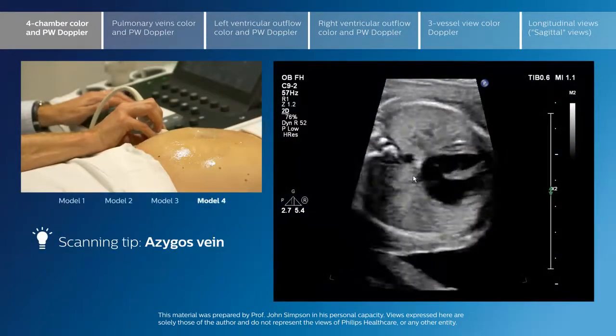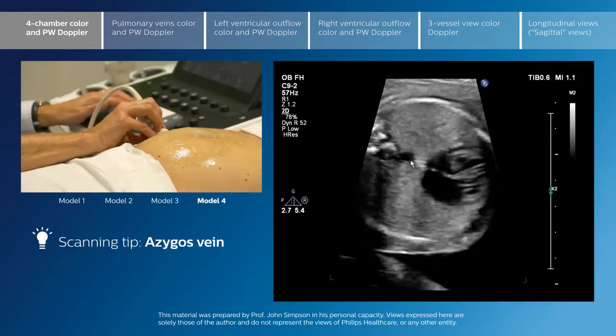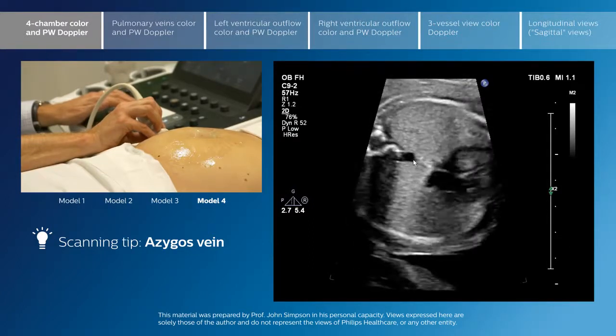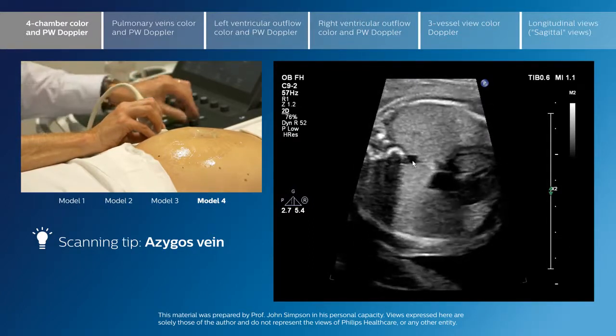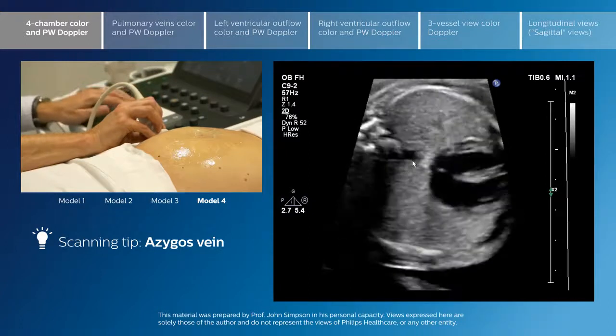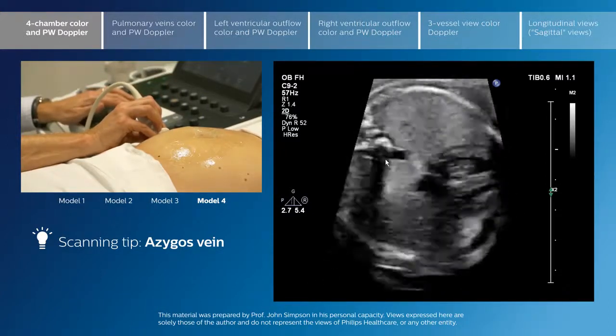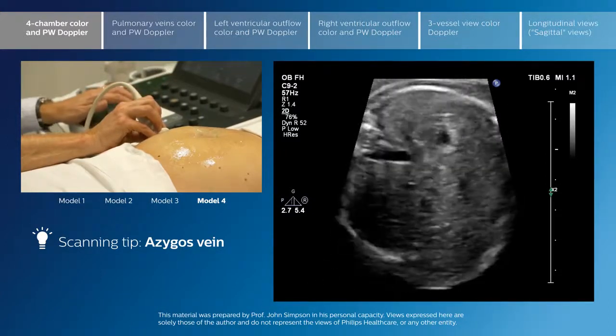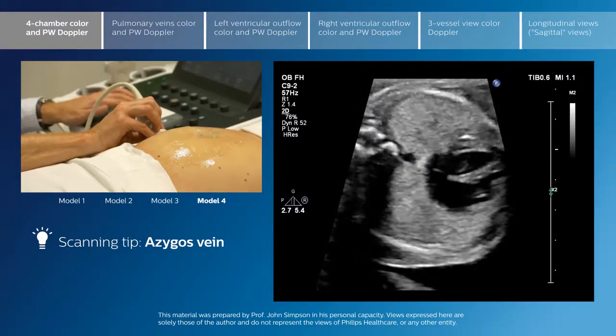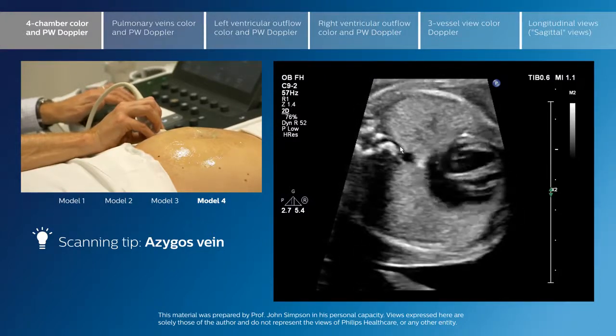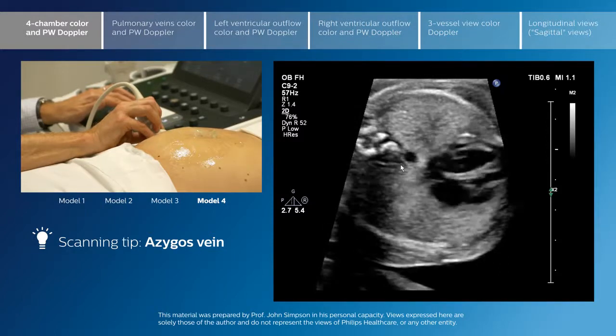Also, we see here, which has caused some diagnostic confusion with the more high resolution equipment, that you can see beside the descending aorta a very small vessel sitting alongside, just there.